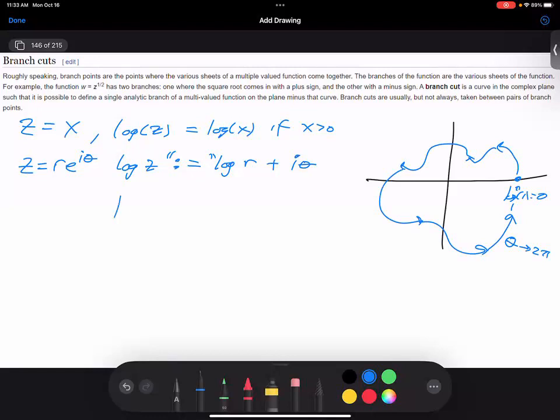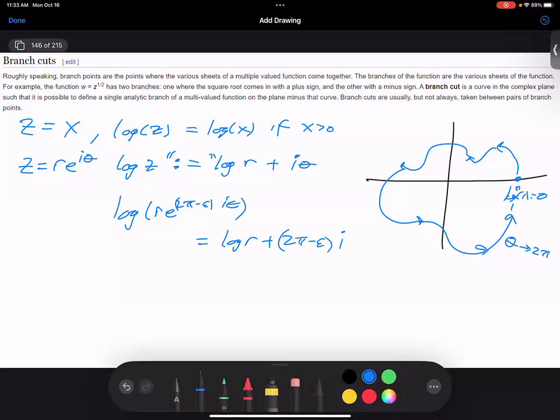So we would get the log of r e to the i theta with theta equal to 2 pi minus epsilon is equal to the log of r plus 2 pi minus epsilon times i. And as epsilon goes to 0, we're getting closer and closer to the point 1. And we now have 2 different values for the log of 1.